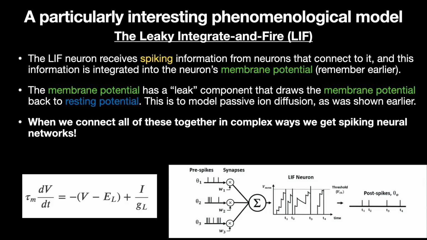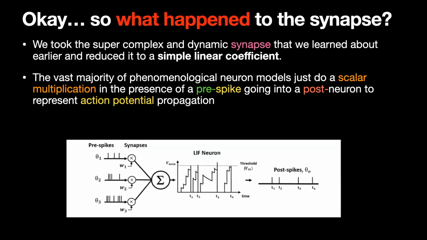When you connect all these together in complex and interesting ways, we get a spiking neural network. But something that's largely ignored is what happened to the synapse here. We took this super complex and dynamic synapse, we learned a little bit about how complicated it is and all the things that are happening in it, and we just reduced it to a simple linear coefficient, which we call the weight. You have a neuron emitting a spike to all of its connected neurons, and this spike, which is 1 or 0, is being scaled by some W sub ij, which is just the weight from neuron i going to neuron j.